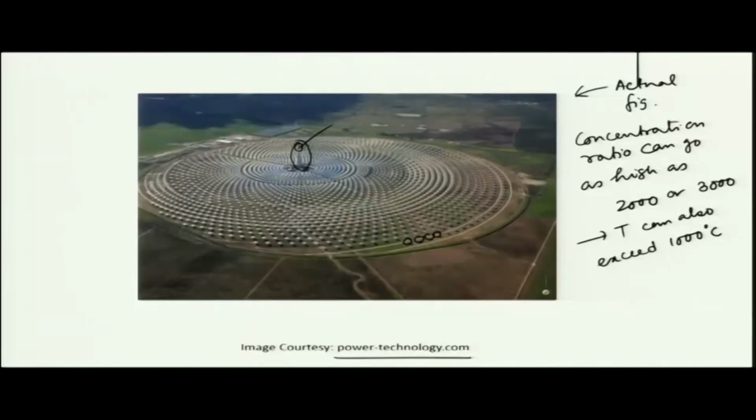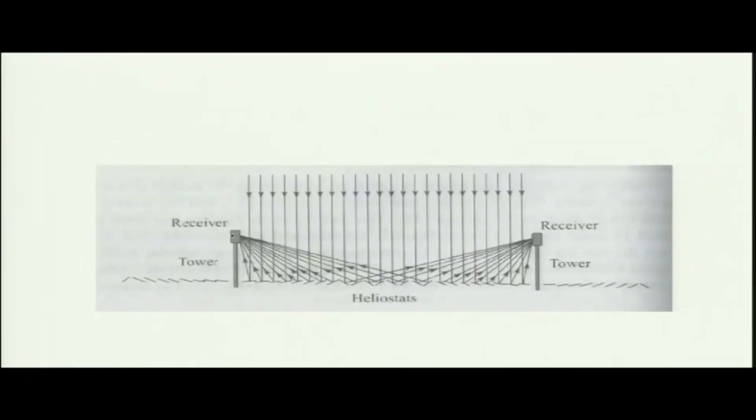Okay. So, that is why for high temperature, even supercritical power cycles, we cannot use the parabolic trough or these things, but we can use this central receiver tower where the temperature can go really high. Okay.